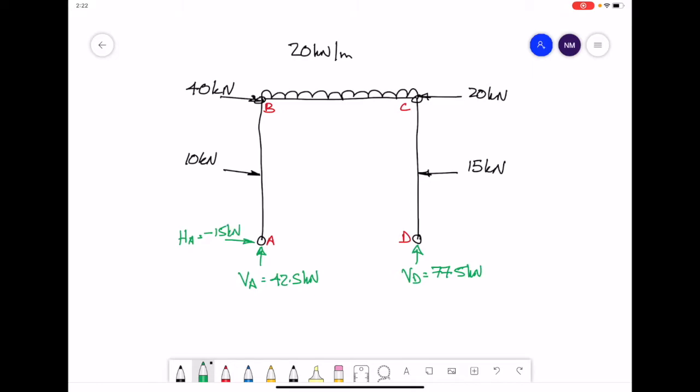However, for this analysis, we only ever want to deal with positive values. So even though I've drawn in HA as a negative 15, I'm going to take it out and turn it around, because the minus sign indicates that the arrow is going in the wrong direction. So I'm swapping the arrow direction round and then putting in the HA value of a positive 15. With that, we can look at our first member.